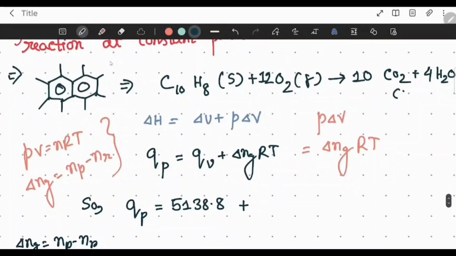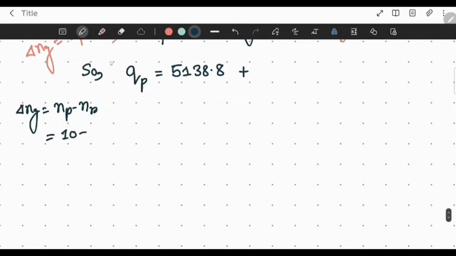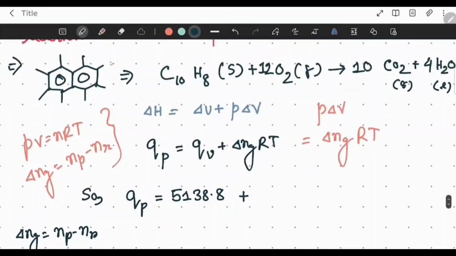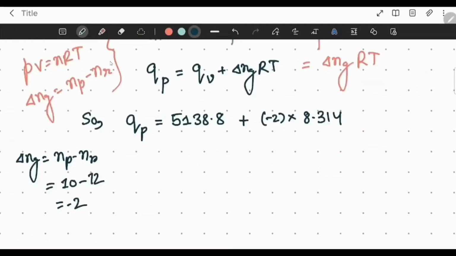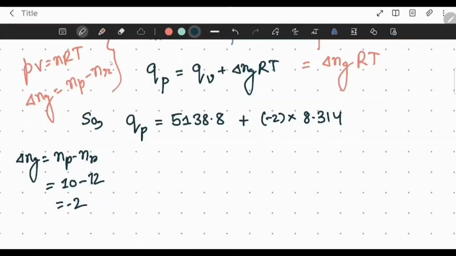For gaseous species, this is gaseous, this is liquid. So 10, Nr is 12. So eventually it is minus 2. R is 8.314. In joule we have to consider, right? But this is in kilojoule. 8.314. What is the temperature T here? 25.